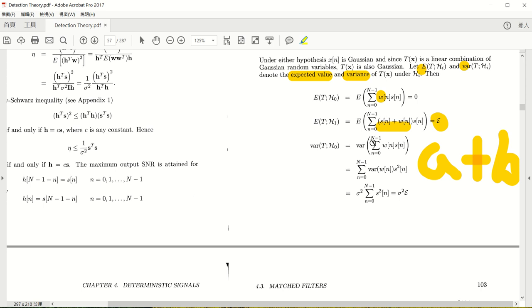So here we have a summation of this W, but that W is independent for different n values.